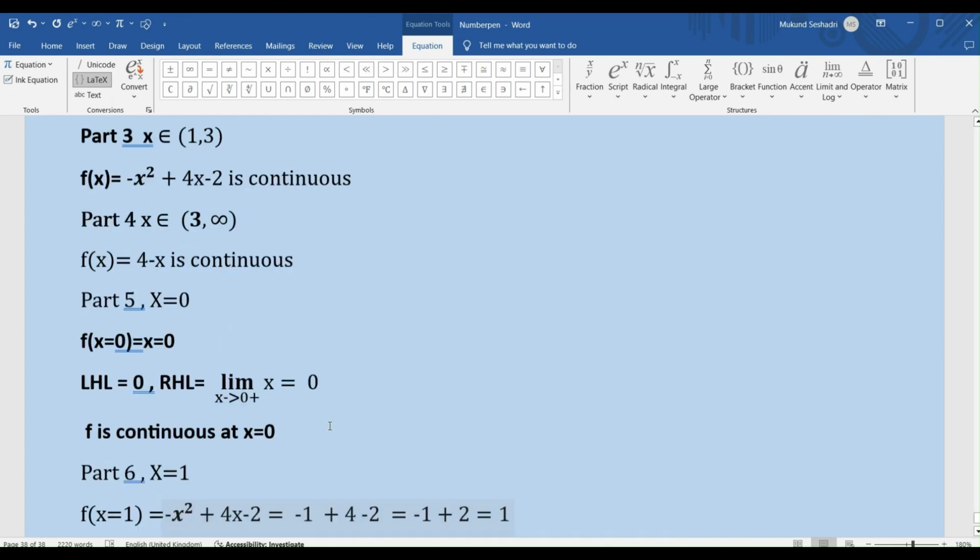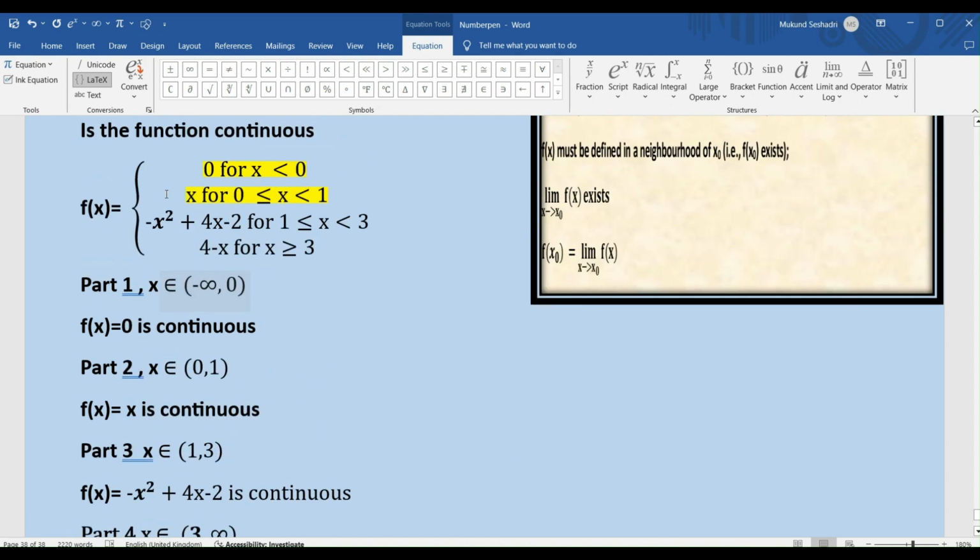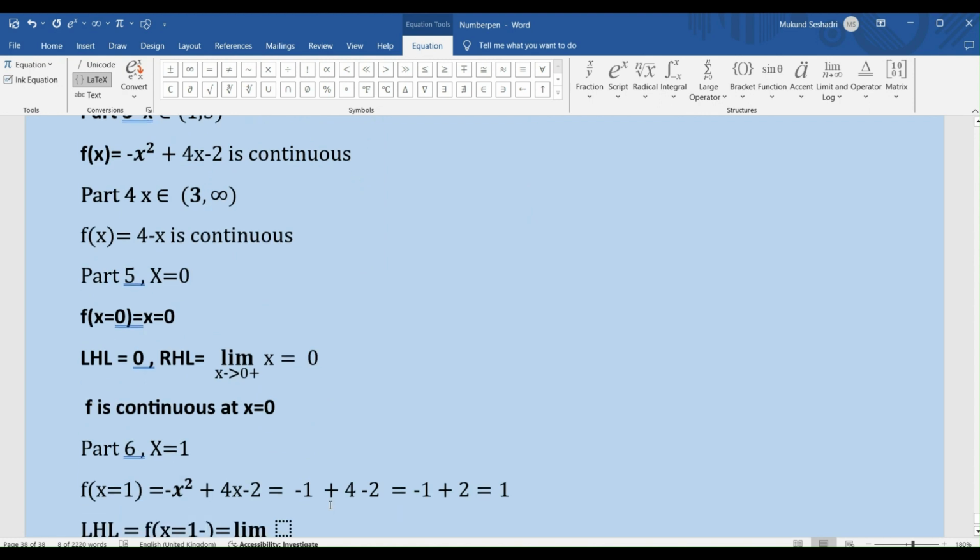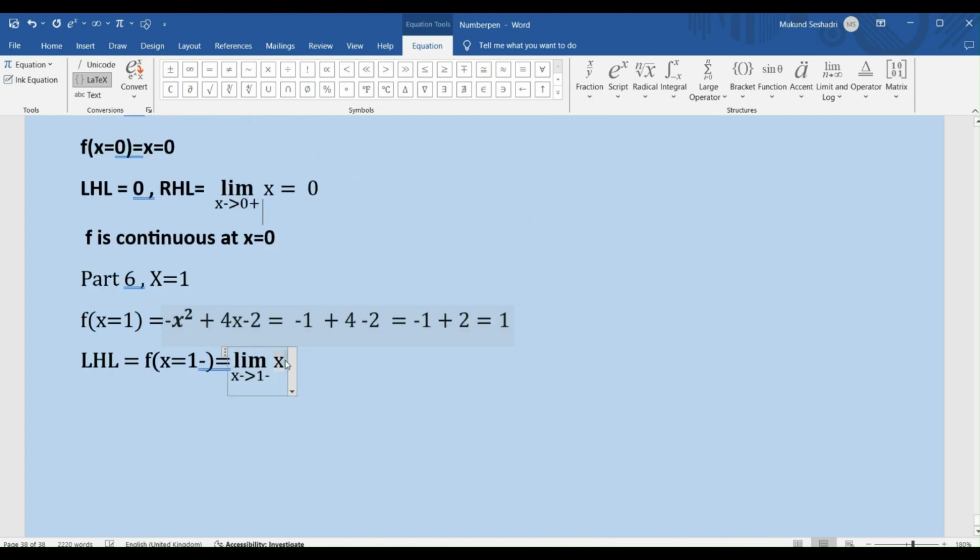And when I approach 1 from the left, what is the function it takes? It takes x, and this is simple, folks. I have 1 minus h, and h is infinitesimal, and therefore it takes a value 1, right?